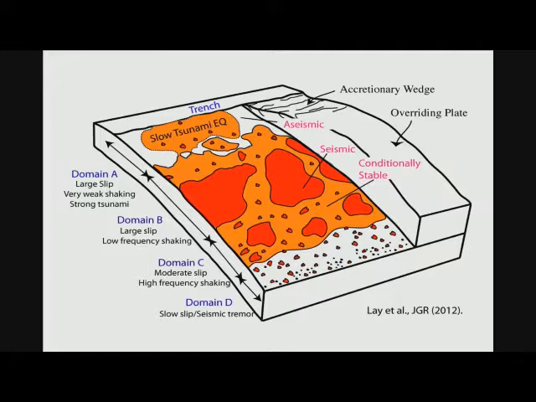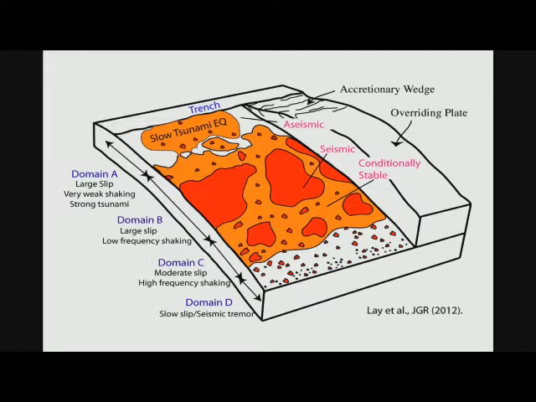Okay, so what I want to do now is dissect this and first tell you what we've learned and why we've put this together and what we can do with it, looking at this main area, the seismogenic zone, where we have mostly the velocity weakening and where earthquakes nucleate and propagate.